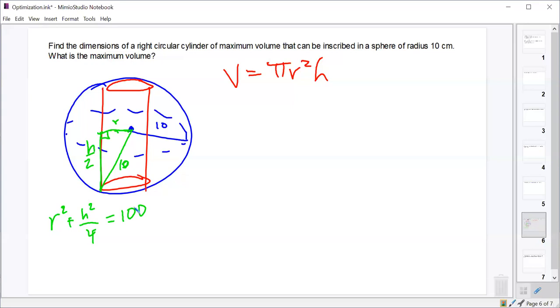Why is h better? Well, we've already got r squared here, so if I just solve for r squared, then I can just straight up plug that in, right? The other way around, if I need to solve for h, it's going to be r squared minus 100 times 4 inside of a square root. And so then I'm going to have an r squared times the square root of something, and it's going to be a pain. Oh, I see, Nick. You meant r squared equals. So you wanted to solve for r squared is what you're saying. I don't know if we believe you, but we'll pretend like we believe you.